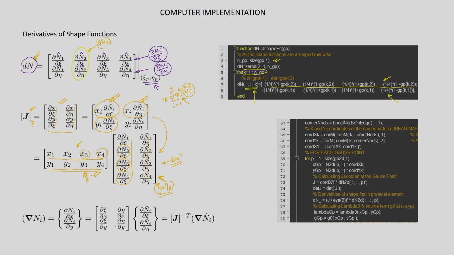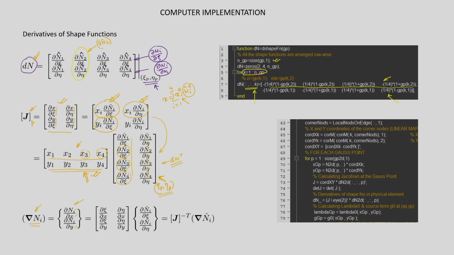Now, the next question is, we have to calculate the derivatives of the shape function in the physical element, that is what is lying in the stiffness entry. So, the gradient of Ni, that is the gradient of Ni in the physical element. We wrote del Ni del x, del Ni del y.